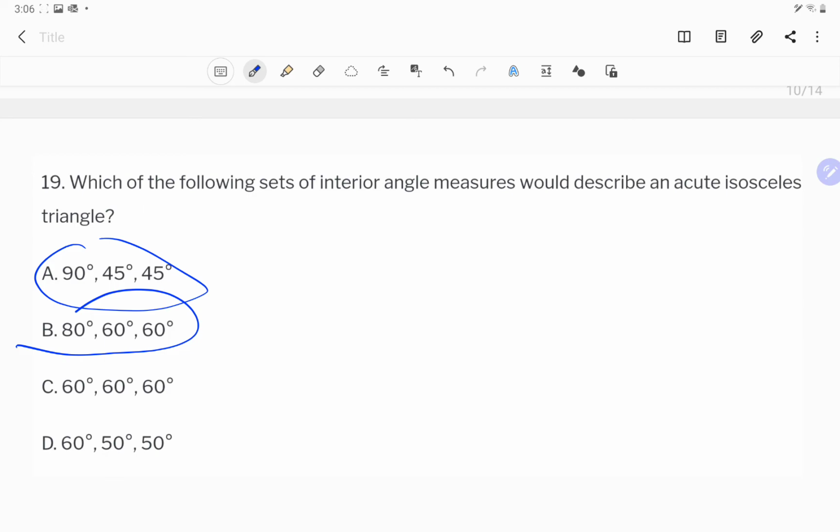It should always be equal to 180 degrees. For letter B and letter D, they either exceed or are not enough to make it to 180 degrees. But letter C is exactly 180 degrees, and all of them are less than 90 degrees, which makes it an acute triangle as well as an equilateral triangle.